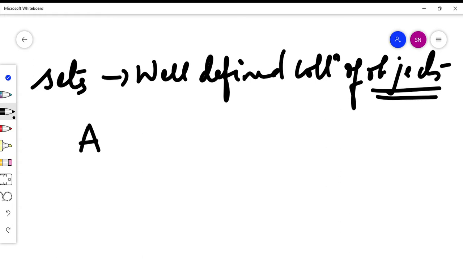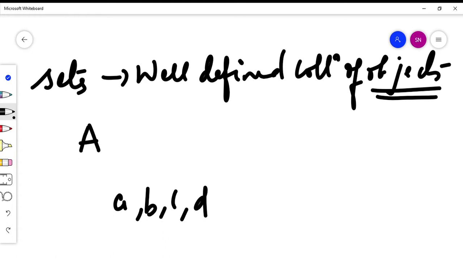So, for example, if I have certain letters, A, B, C, D, these are the objects. These objects are nothing but letters of my English alphabet, and they belong to my set A. If I am defining a set, it will always be written in a capital letter, and the elements which belong to that set will always be written in smaller letters.